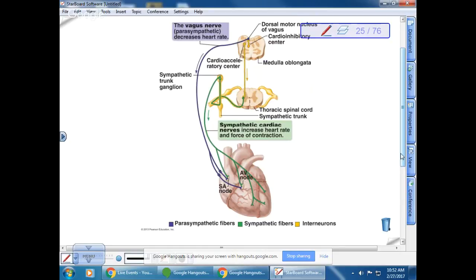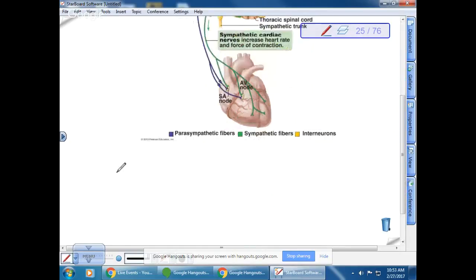Okay, we also have hormones. If we look at one example of a hormone that affects heart rate, the gland would be the adrenal glands, and these actually sit above the kidneys.